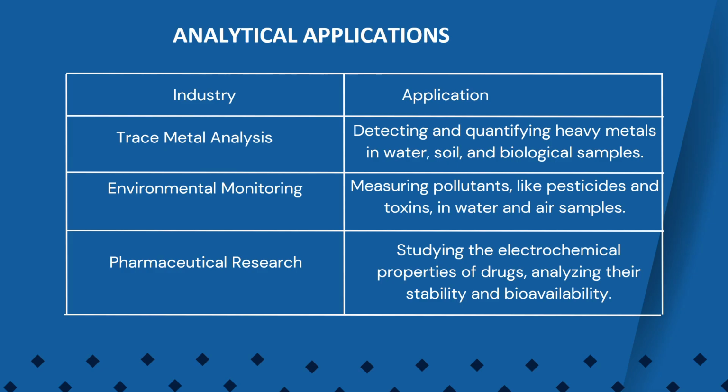Environmental monitoring, measuring pollutants like pesticides and toxins in water and air samples. We can use a potentiostat. And even in the pharmaceutical research, studying the electrochemical properties of drugs and analyzing their stability and bioavailability, for all this kind of stuff, we can actually use a potentiostat.